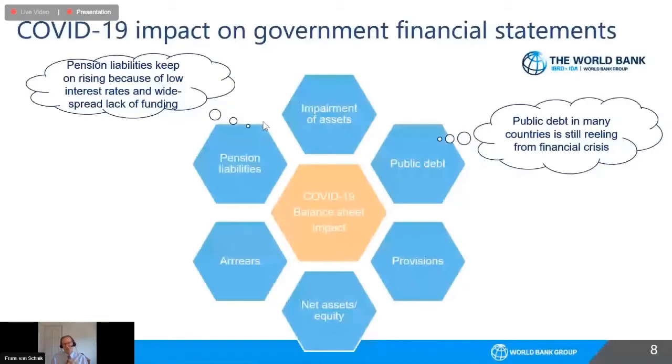Then we have provisions. Governments are easily giving guarantees, and in good times that's no problem because they are never really called upon. But now, in times of trouble, the guarantees will actually be called upon, for instance, by lenders to state-owned enterprises that received a guarantee by government, and then suddenly the contingent liabilities, the guarantees, turn into provisions, and then IPSAS 19 kicks in.